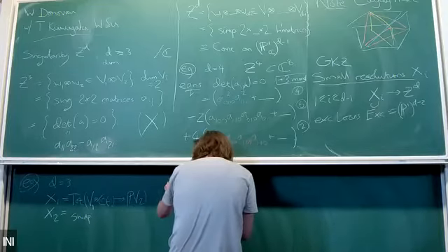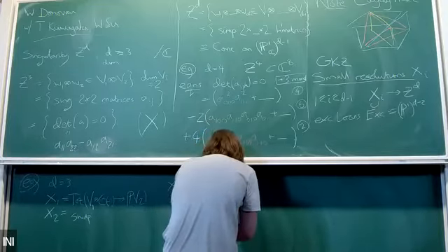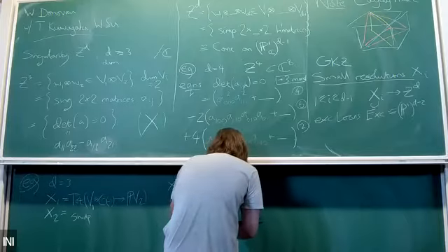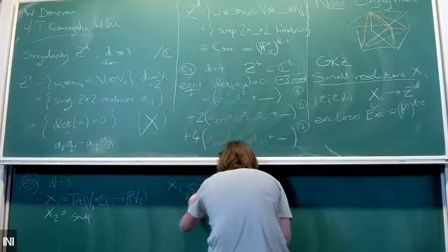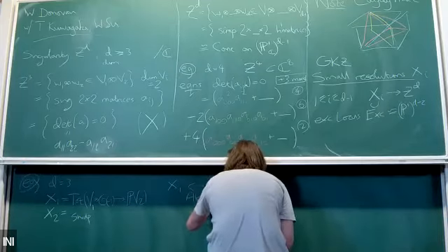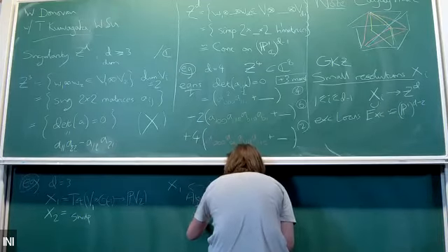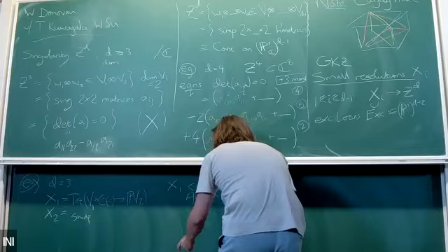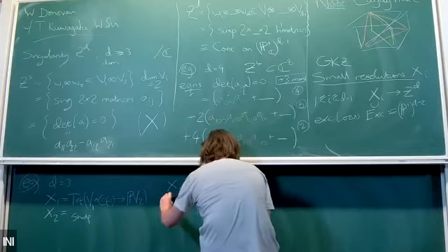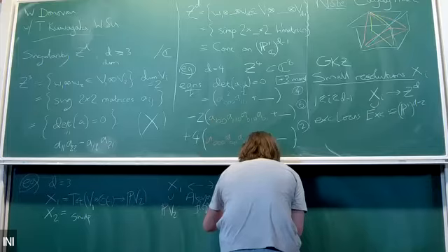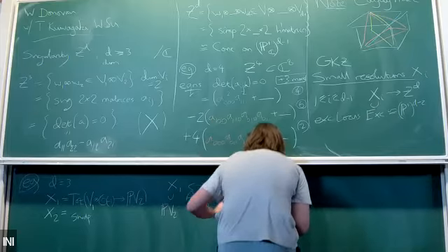Okay, and so let me just say the words that I have a birational map between X1 and X2, and this is called the Atiyah flop, and it replaces P1 in here with P1 in here.